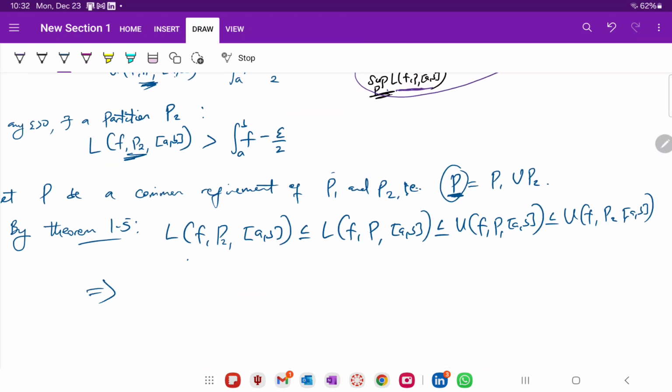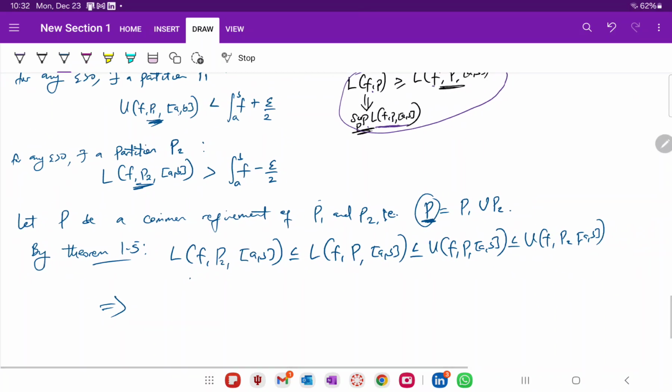So following this, from these two, combine these two inequalities and take their difference, so we have the upper Riemann sum P1 a, b minus this.